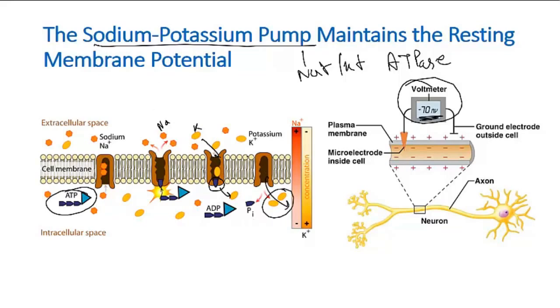So this sodium-potassium ATPase pump balances the concentration of sodium and potassium across the membrane and reshifts the concentration, so potassium ion concentration is higher inside the cell and sodium is higher outside the cell. That's how they are maintained. So that is in a sense how the membrane potential is generated and maintained.